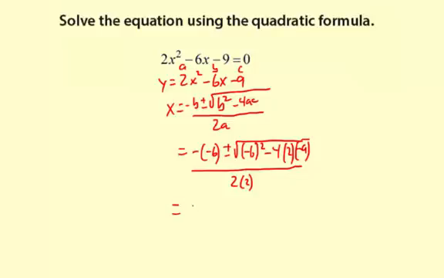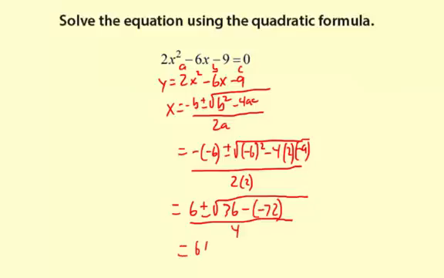The negative of negative 6 is 6, and plus or minus the square root of negative 6 squared, which is 36, minus, now 4 times 2 is 8, and 8 times negative 9 is negative 72, so it'll be minus negative 72, all over 2 times 2, which is 4.